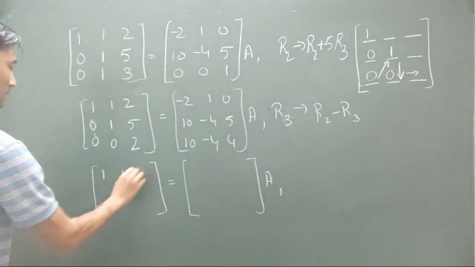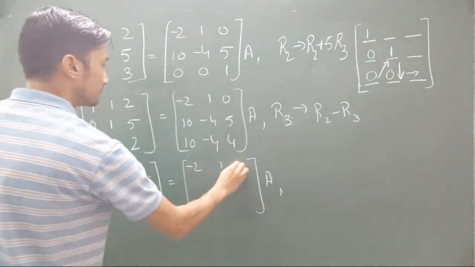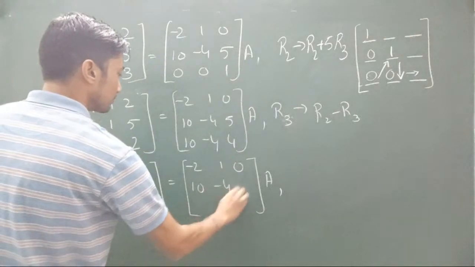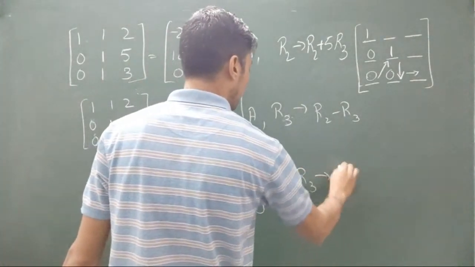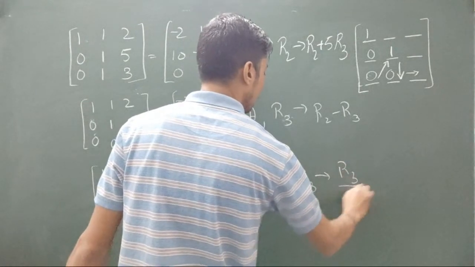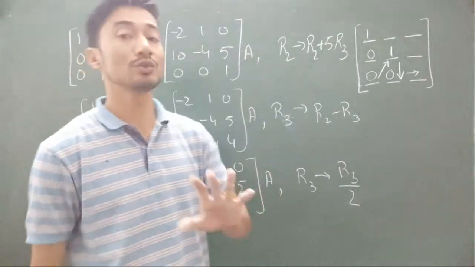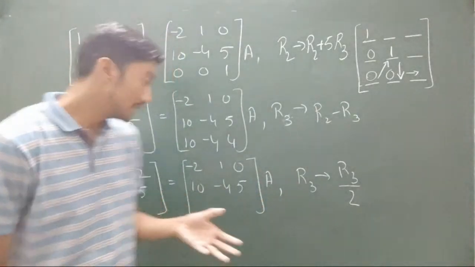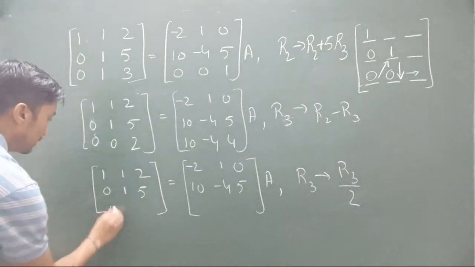So the first and the second row is not our concern. What we can do is maybe R3, if I just divide by 2, will it work? Yes, I do remember, I told you to avoid fractions. That's what I'm doing. Because here if I divide by 2, no problem: 0, 0, 1.